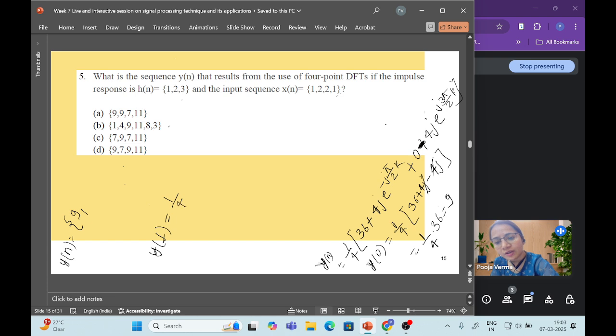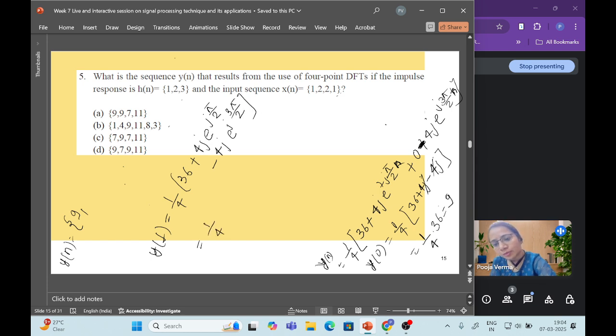So 1 by 4, 36 plus 4j e to the power, n here will be 1 only, because k values we have put already. So here plus, not a minus: j pi by 2 minus 4j e to the power j 3 pi by 2.